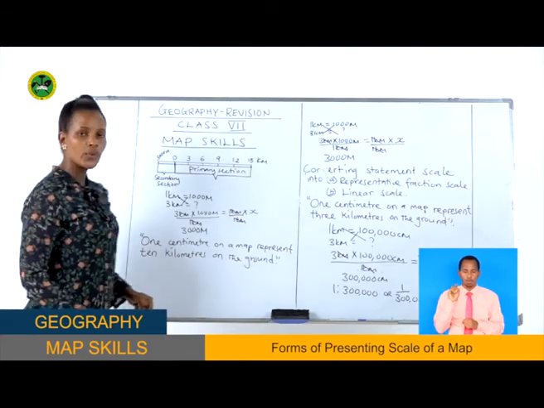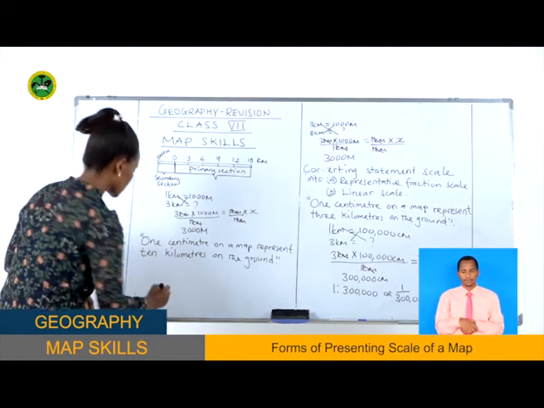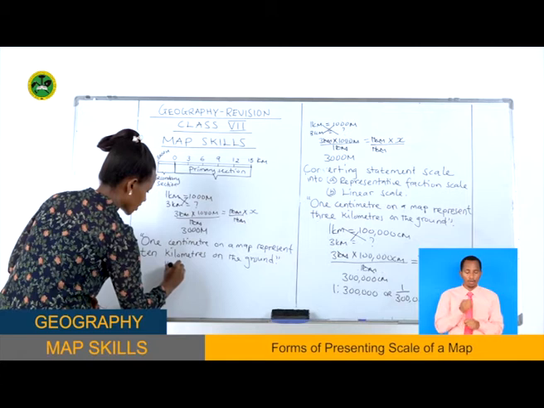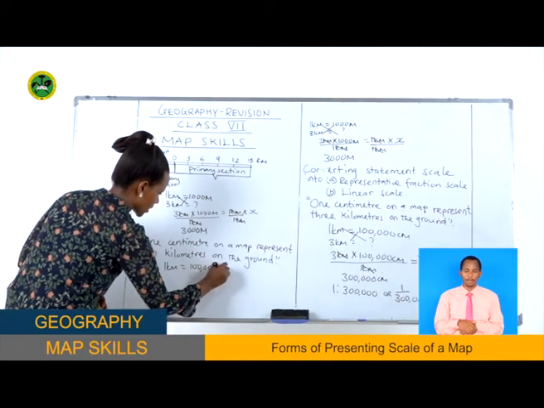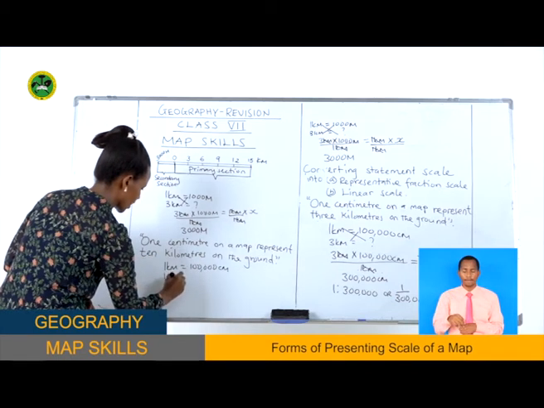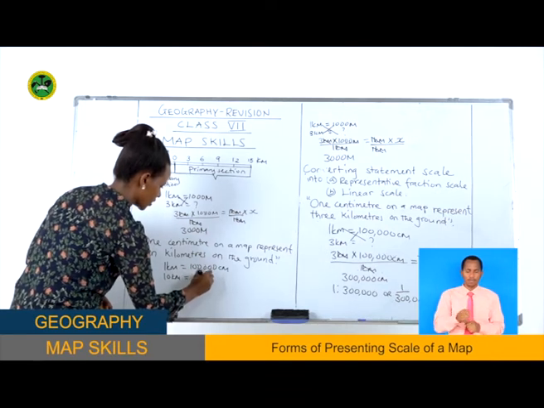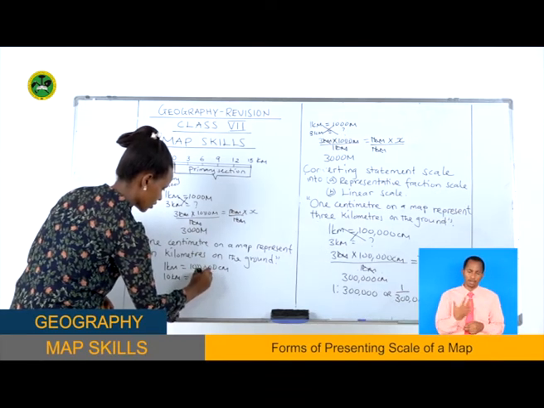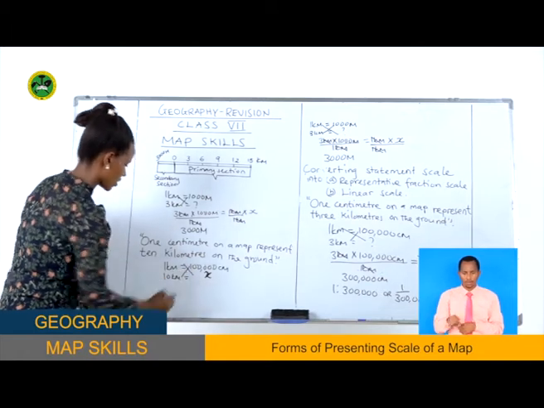So here you have to take the constant formula from the metric table that 1 kilometer is equal to 100,000 centimeters. Then this 10 kilometers we put in the side of kilometers, and it will be representing how many centimeters? We put X, which you're looking for.